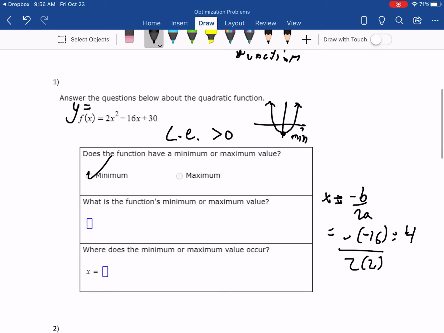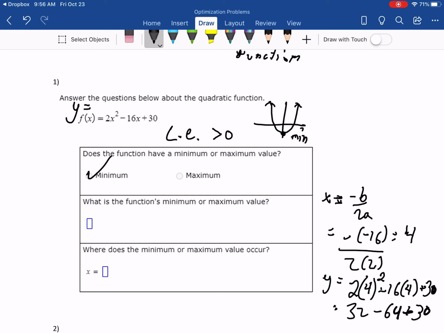And the y value of the vertex, we will substitute that 4 into the function, so it's 2 times 4 squared minus 16 times 4 plus 30. So we get 32 minus 64 plus 30. So negative 32 plus 30, it's negative 2.